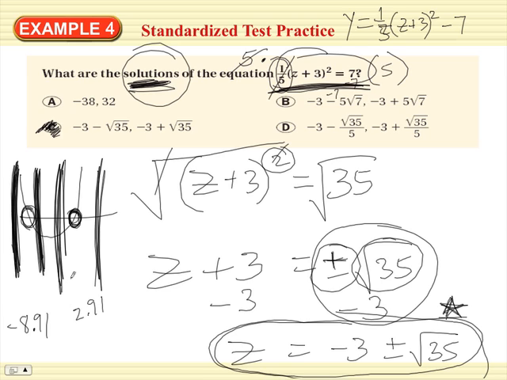Now here's what I want you to do. In your calculator, I want you to type in these 2 answers right here. Type in -3 plus root 35. Enter. Get your decimal. Type in -3 minus root 35. Enter. Get a decimal. Look at those.